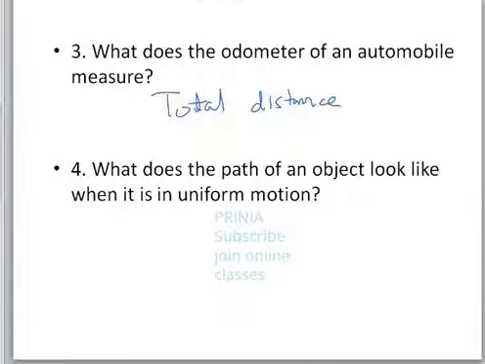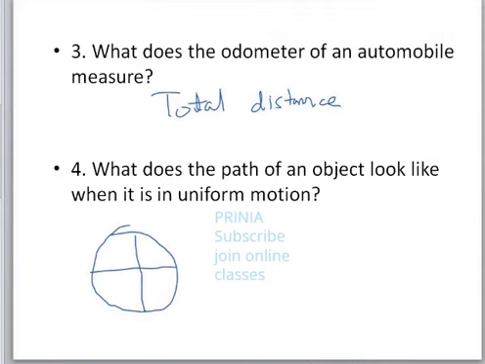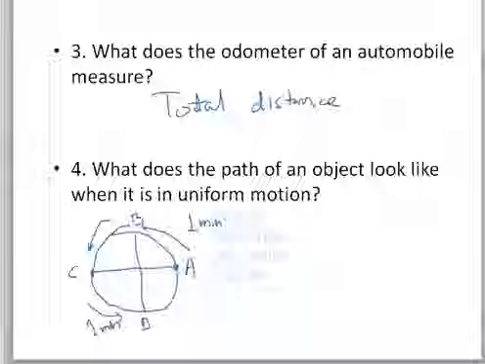Suppose we have one circle which is divided into four parts, and suppose this object is starting from the point A and traveling up to B in, say, 1 minute. Then it takes another 1 minute to travel from B to C, and again 1 minute to travel from C to D, for example.